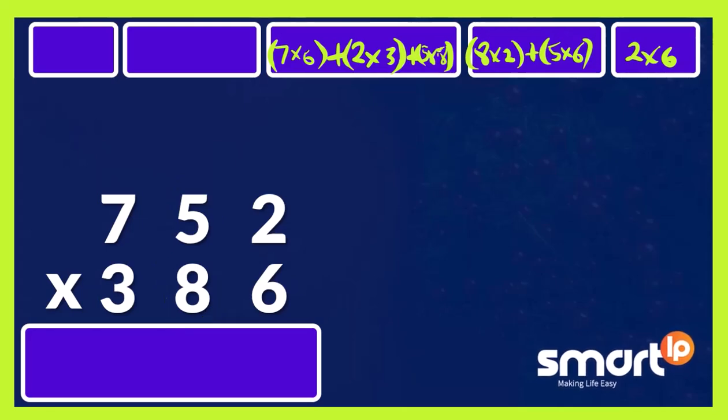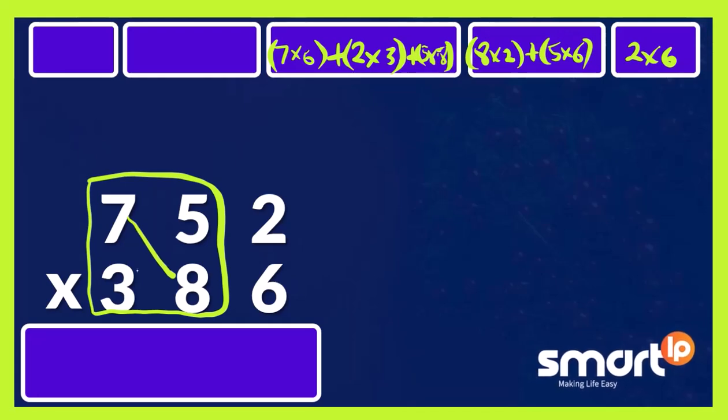So the next thing we need to do, we're going to enter into the second box. Let me draw a box around this so you can visualize it. So 7 is going to multiply 8. We're doing cross multiplication now. And 3 is going to multiply 5.